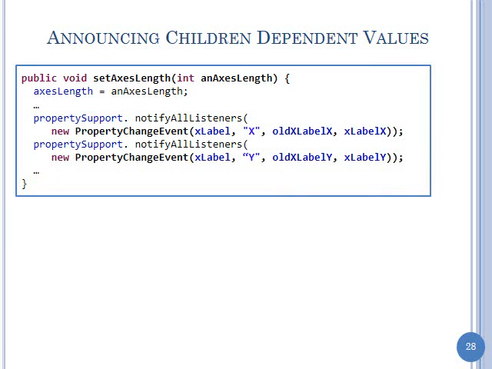You'll have to say, notify all listeners, my X label changed, here is its new value, here's the old label X, and here's the new label X, and so forth. Since you don't have setters in your component objects, somebody else will have to do the announcement for you. And that's okay.